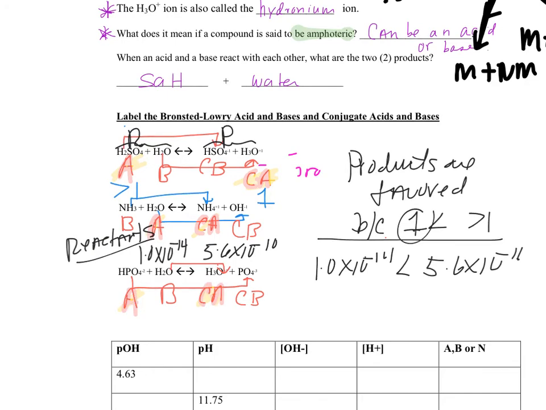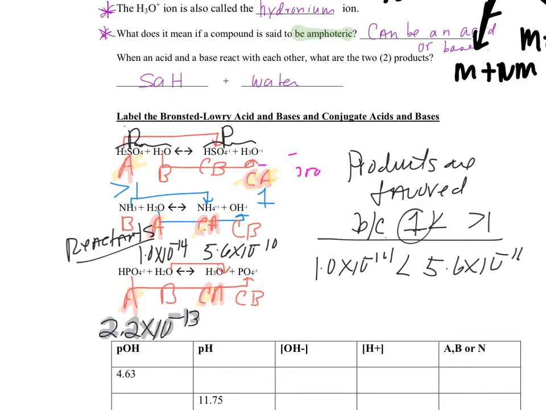I go to my table of values and I find that HPO4 2- has a value of 2.2 times 10 to the minus 13. I'm going to write that over: 2.2 times 10 to the minus 13.